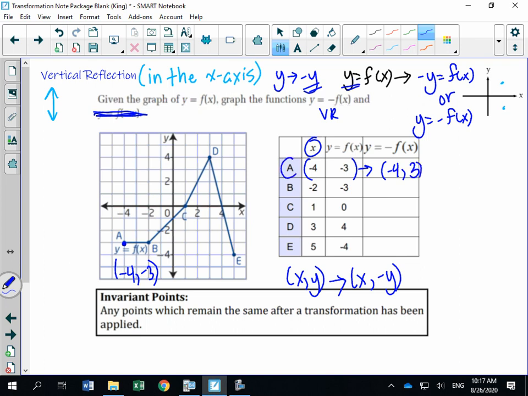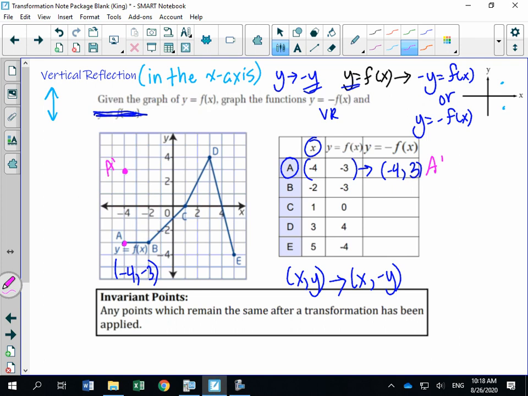My original point was A. My new point I'm going to call A prime. So this point here is going to get reflected in the x-axis. It's going to go up to here. The x value doesn't change and the y value bounces from negative 3 to 3. So my new A prime is right here.